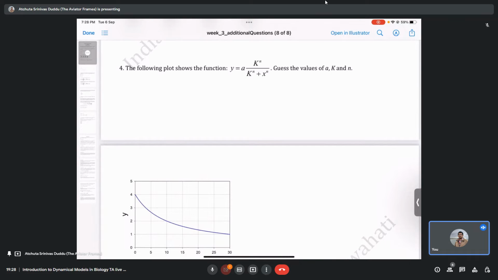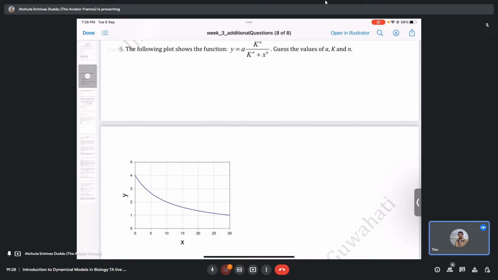But if you look at the form they have given, that is y equal to a into k power n by k power n plus x power n, the form of Hill's function, right? So the graph shown is not sigmoidal. Rather, it is falling down, which implies that the Hill's coefficient is of the order less than 2. Okay, so that is to say, it is only n equal to 1.